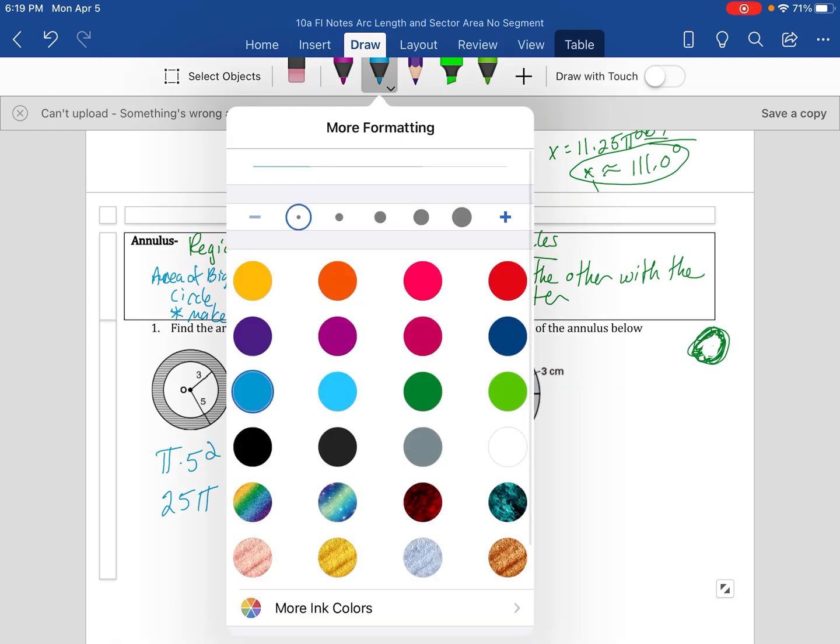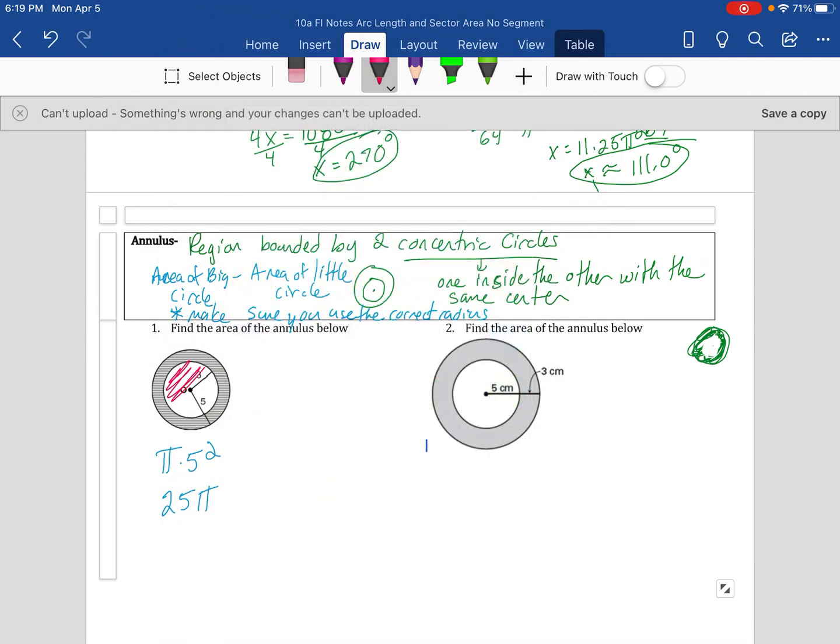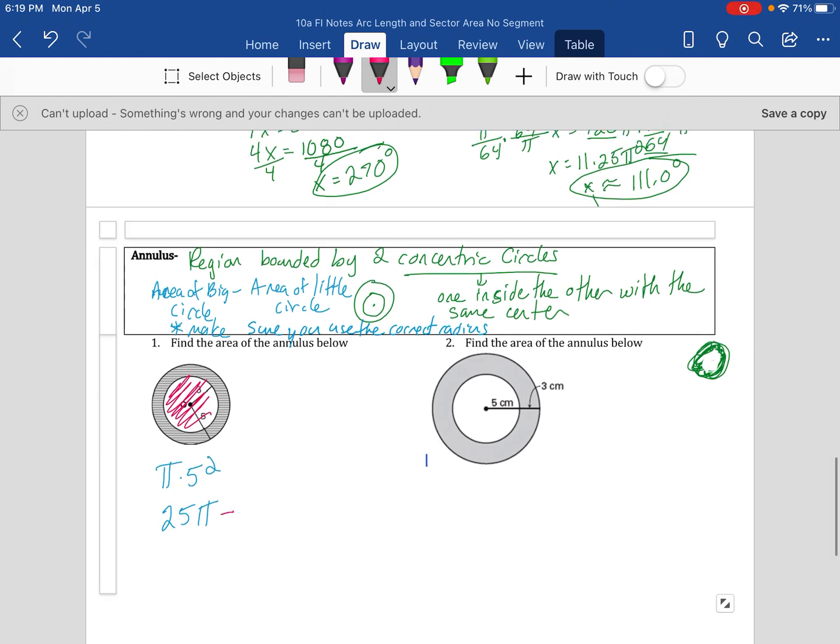Basically, we're going to subtract the area of the inside right here, and that will give me the area of just the outer bound. So it's going to be minus pi times 3 squared, which is 9 pi. And 25 pi minus 9 pi is 16 pi units squared. And if you're not given anything, it should be units squared.